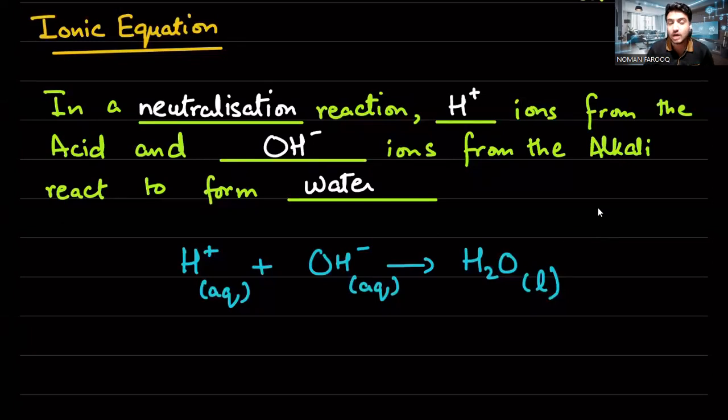So basically, by the name ionic equation, ion means charged particles, like positive or negative charged substances. Those are ions. So ionic equations involve the presence of ions, which have positive and negative charges. So here, H positive ion from an acid reacts with OH negative ion from an alkali, and they combine together to form water.